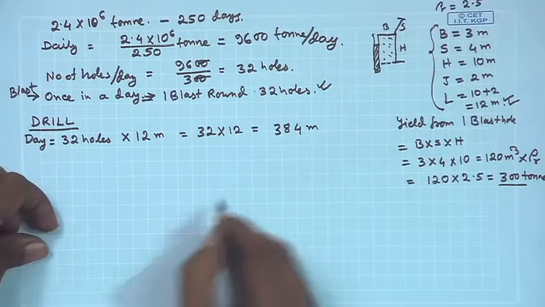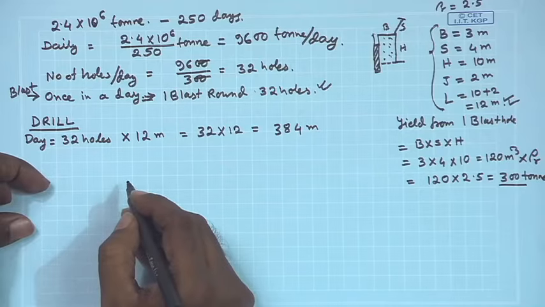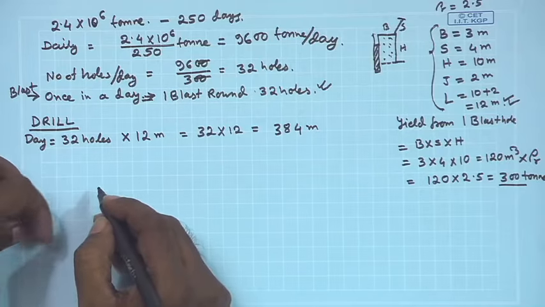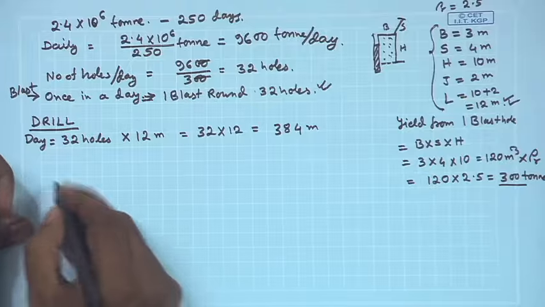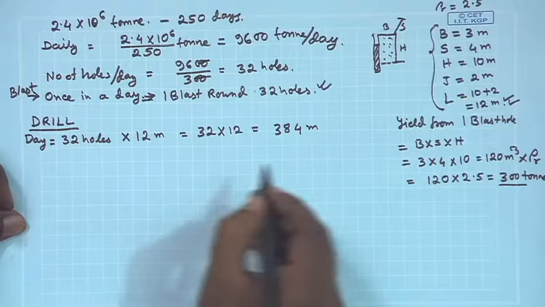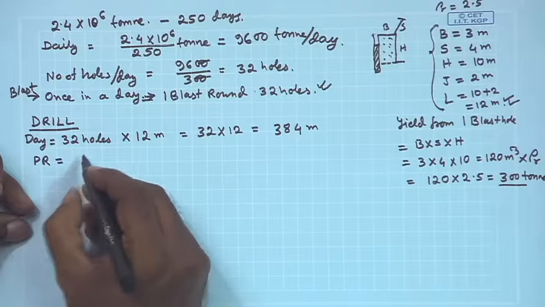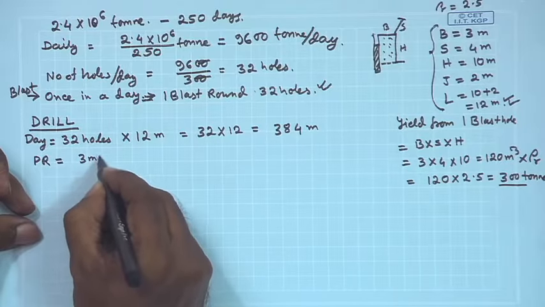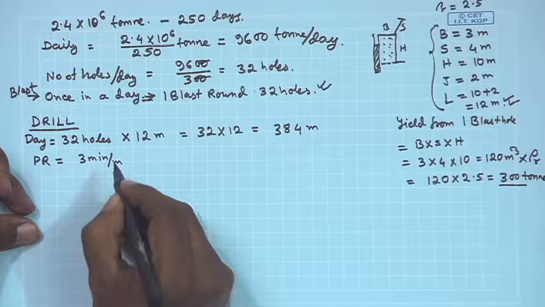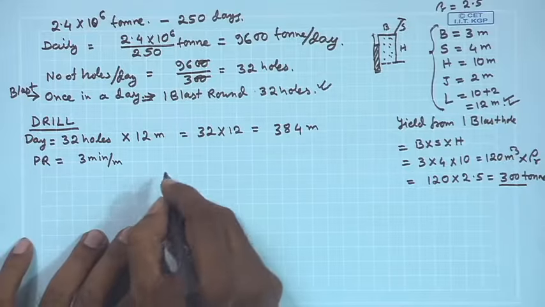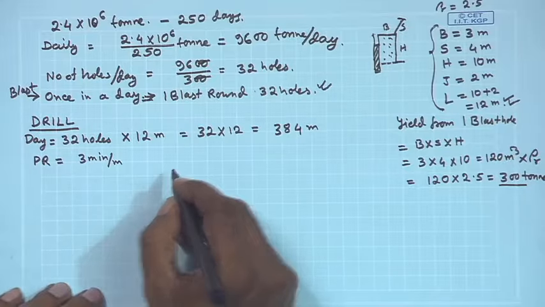Okay. Now, penetration rate is given, 3 minute per meter, and we have to determine the drill rate.